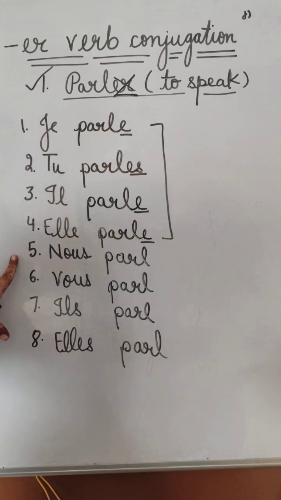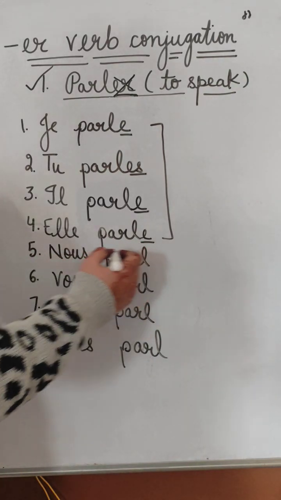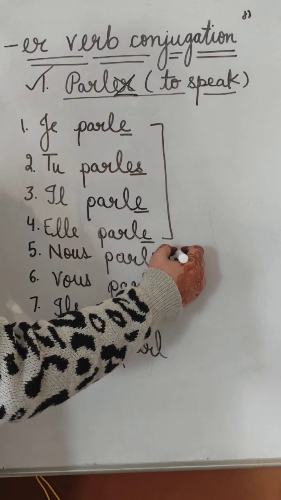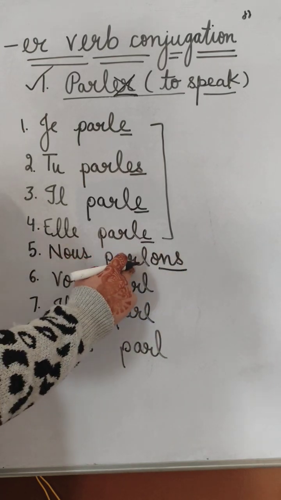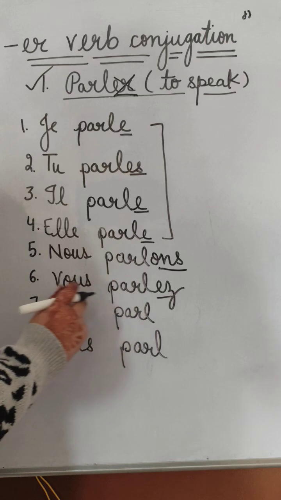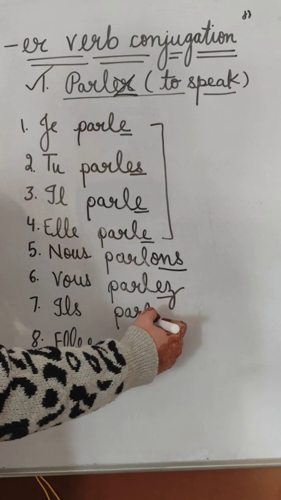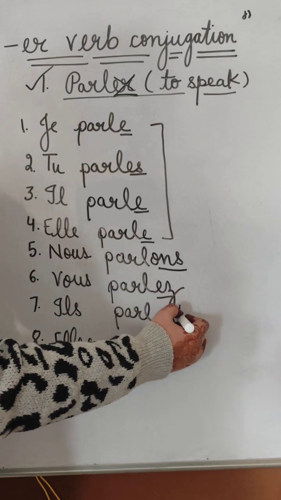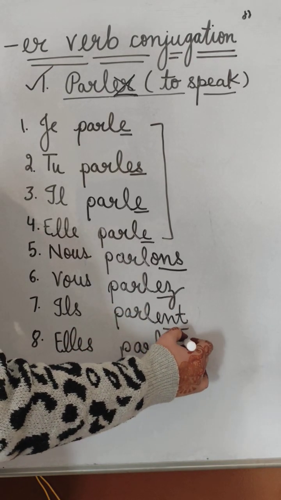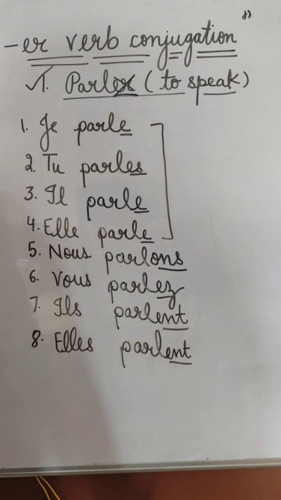Okay. Now let's come to the plural ones. Nous. Now the sound is n, nous. So I will write here O-N-S. Nous parlons. With vous, easy, vous parlez. With ils, parlent and elles parlent.